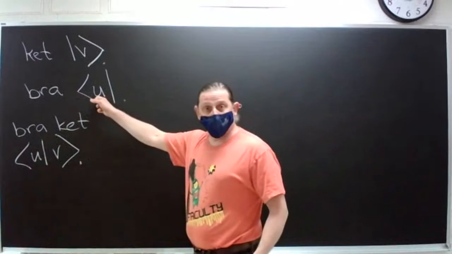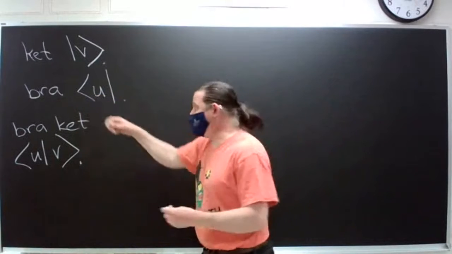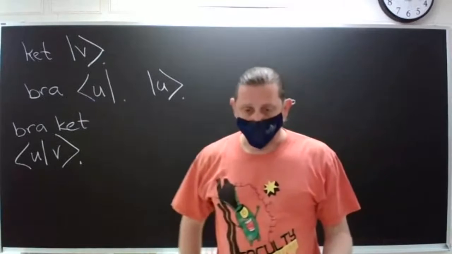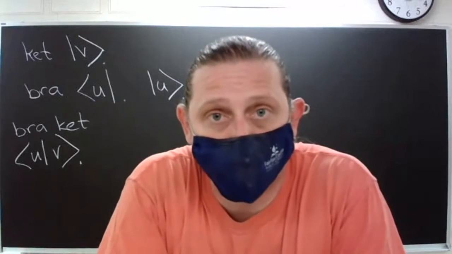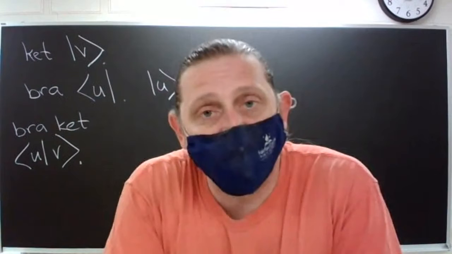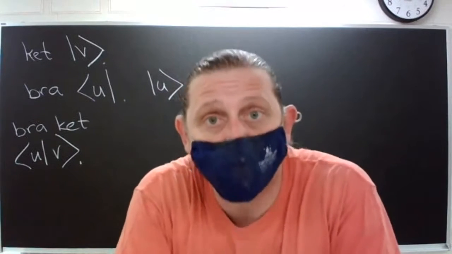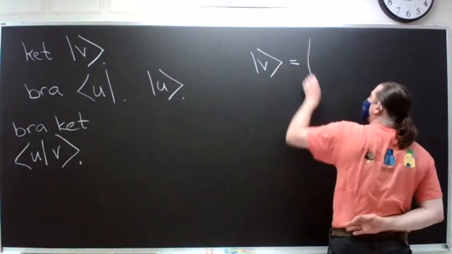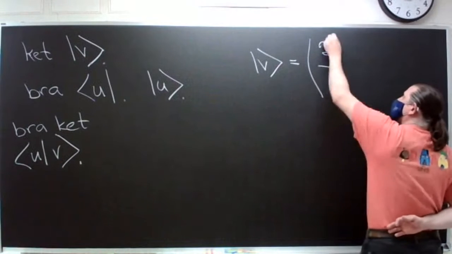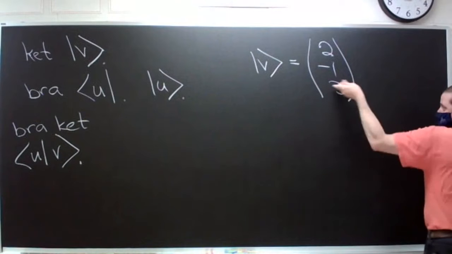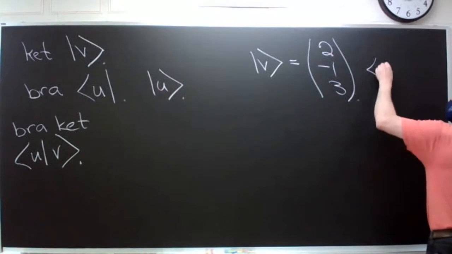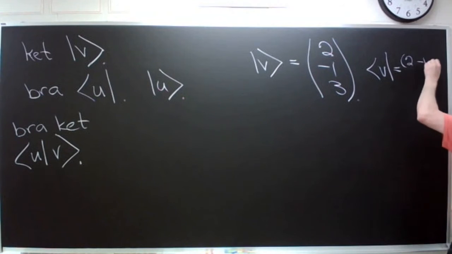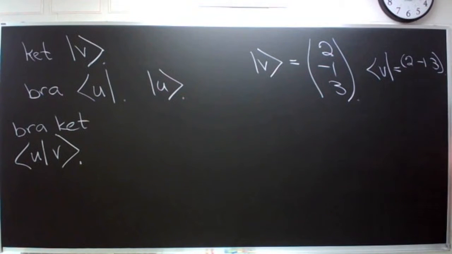The way in which the bra is related to the ket is what defines the inner product. So as an example for our standard inner product, if I've got that as my ket vector, my bra vector would be that.